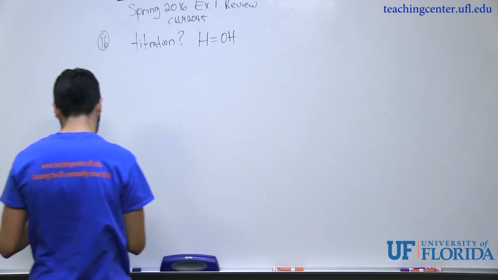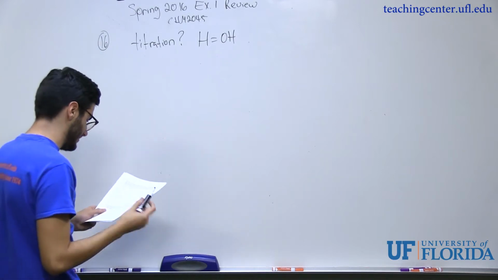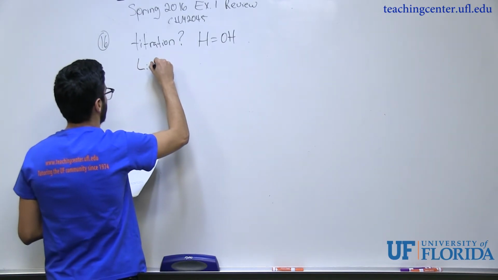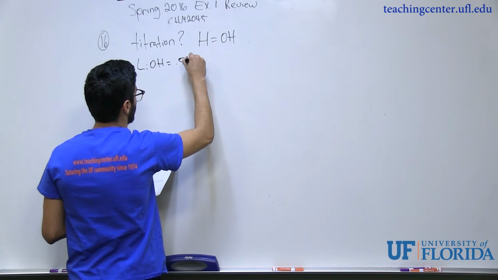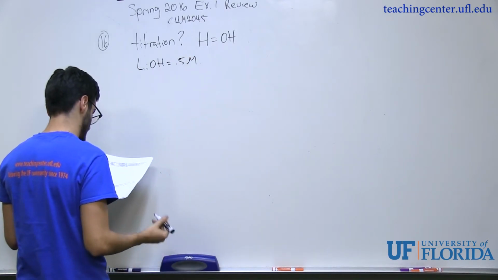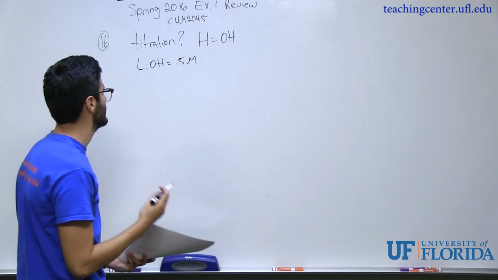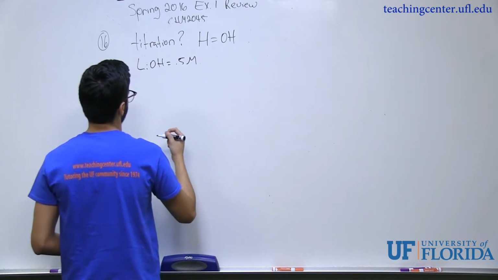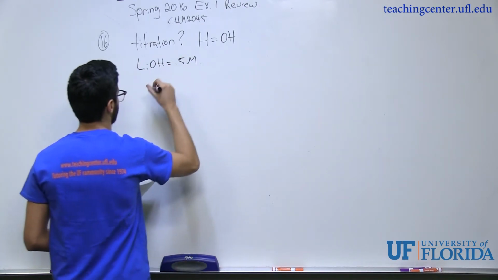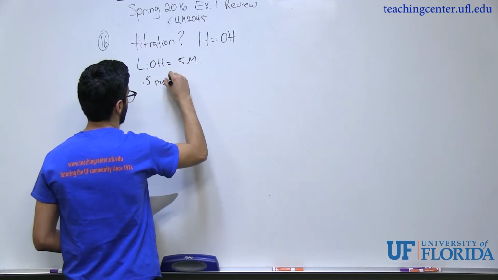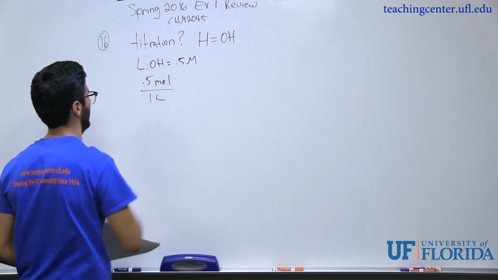Okay, so with that being said, we know our concentration of our LiOH is 0.5 molar. And we know it takes 25 milliliters to titrate. So what does that mean? That means I have 0.5 moles per 1 liter of LiOH.